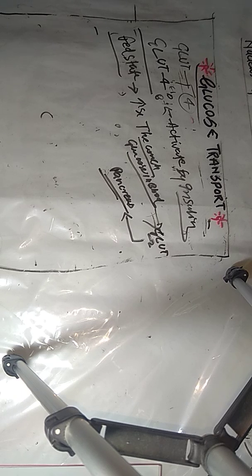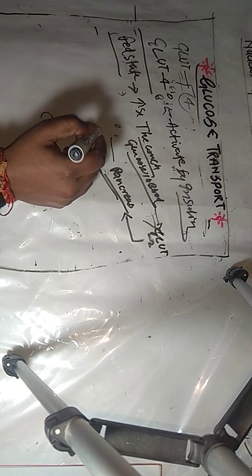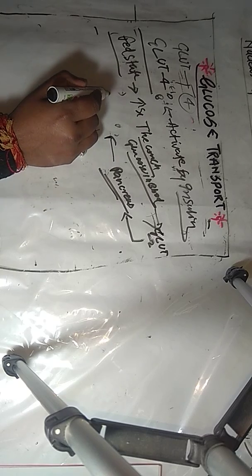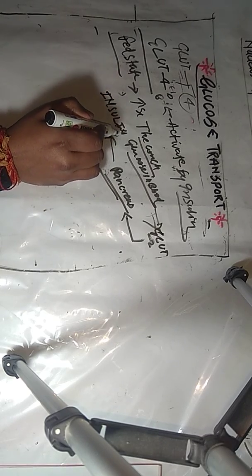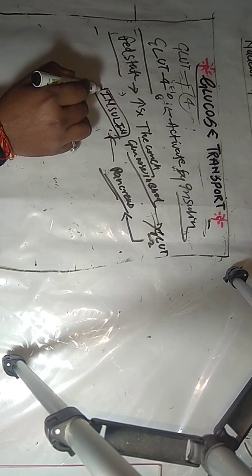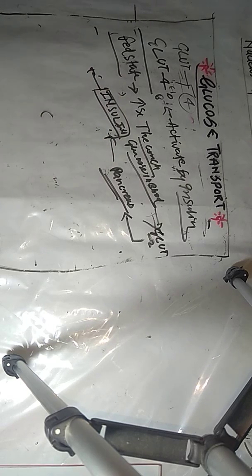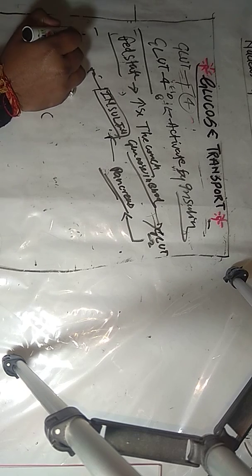And when the pancreas beta cell is stimulated, it will secrete insulin. As insulin is secreted in the blood, GLUT4 is activated by the insulin. So GLUT4 is going to open.